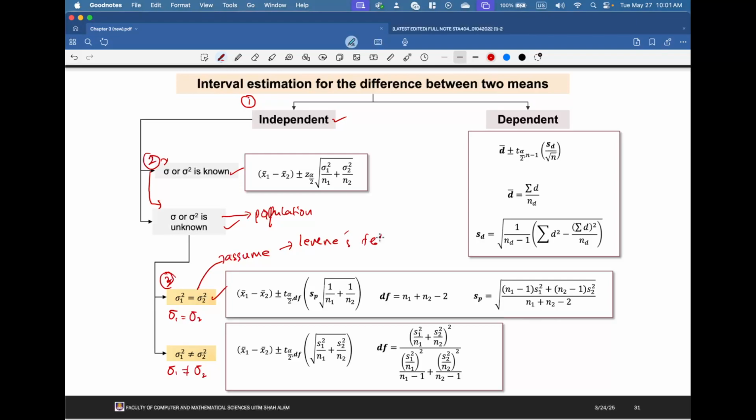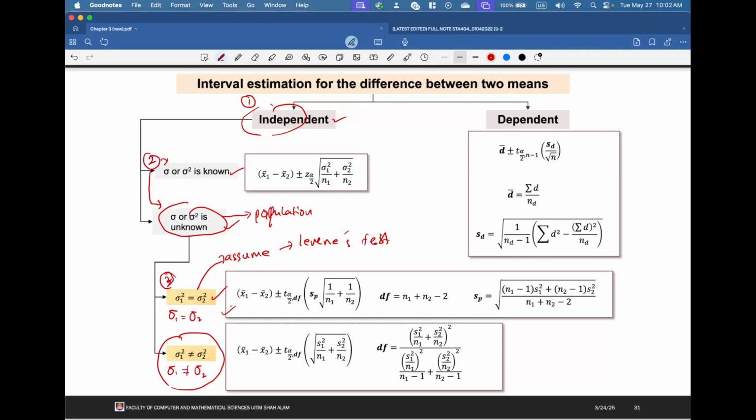This Levene test we will cover in a different recording. For this video I will discuss the case of independent samples where sigma or sigma square is unknown, and we assume that the variances of the first and second group are unequal.